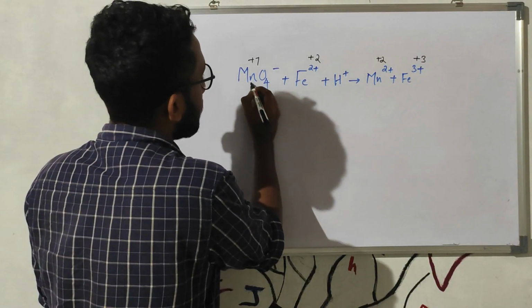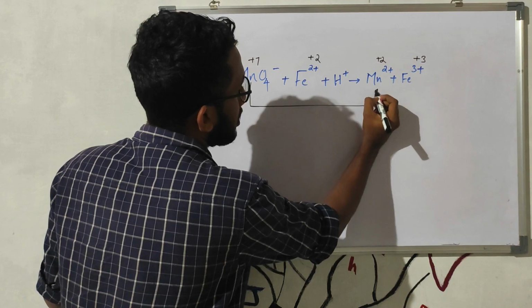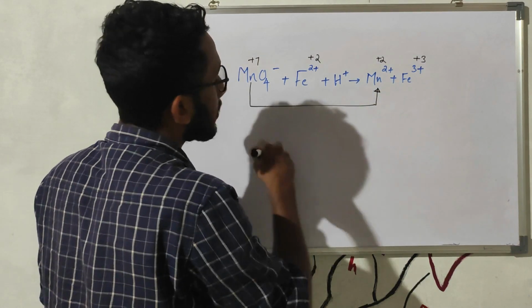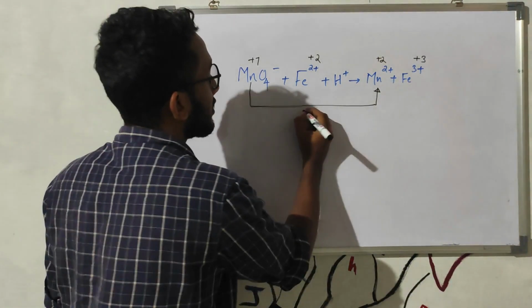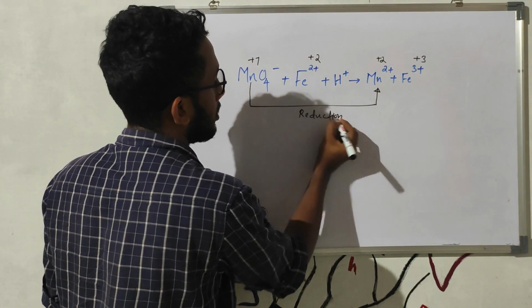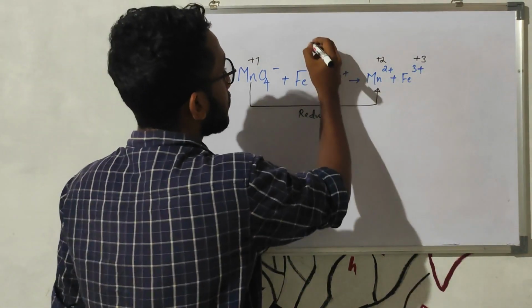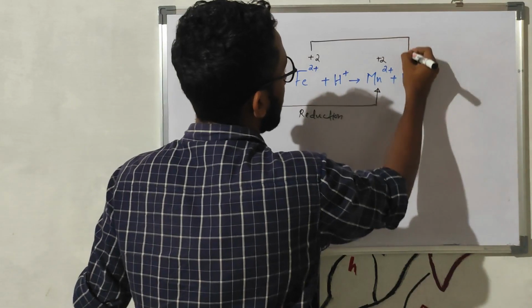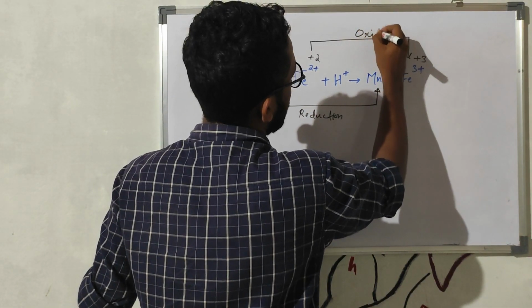Here Mn goes from plus 7 to plus 2, so it is a reduction. Fe2 plus to Fe3 plus is an increase in oxidation number, so it is an oxidation.